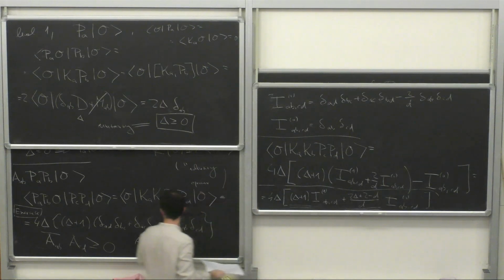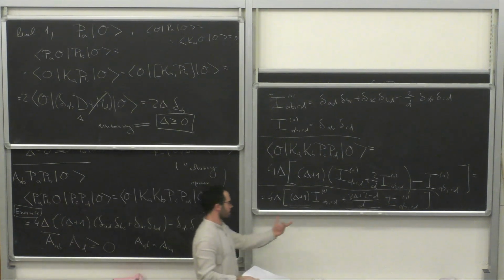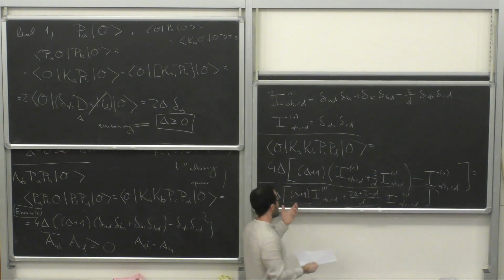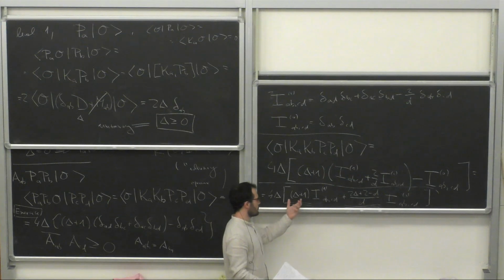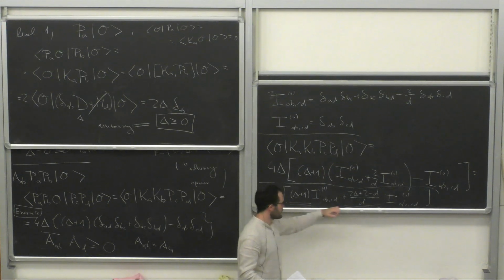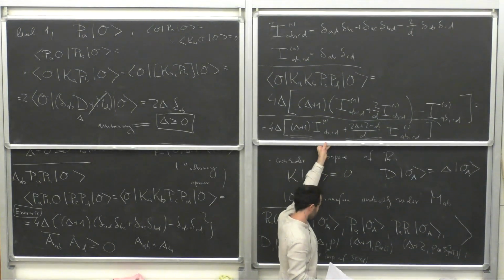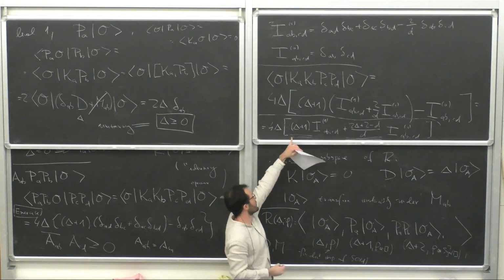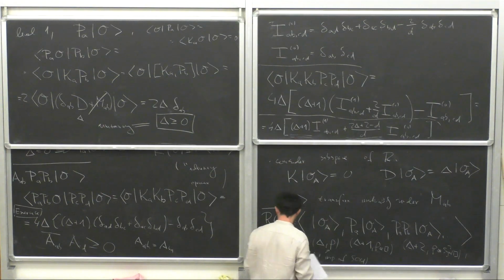Because we can decompose A into its traceless part and a trace part, and then you just get a square here and a square here. So the necessary and sufficient condition for positivity of the norm of the inner product is that individually these two coefficients are non-negative. We already know the first one is non-negative because delta is positive. So we need to worry about this one.